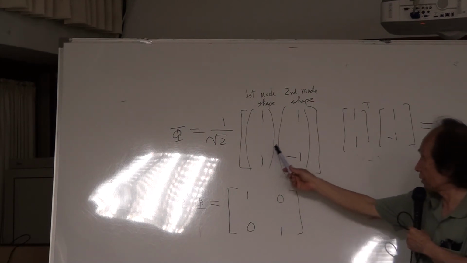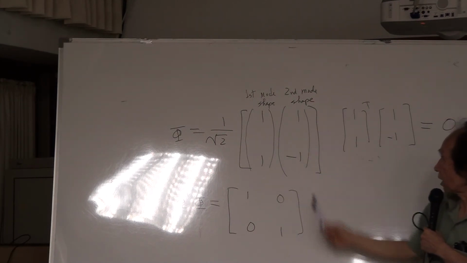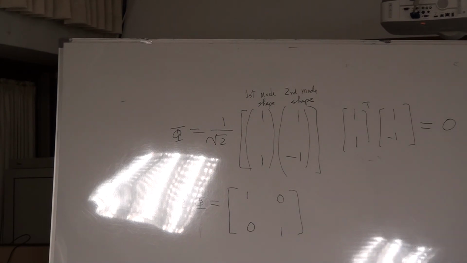And this first column, first mode shape, and the second column, second mode shape, is exactly the same idea as what you are seeing here. Phi j and phi k, they are orthogonal. But in this case, you have to integrate from 0 to L, and then that's equal to 0. So unless j equals k, they are all orthogonal.